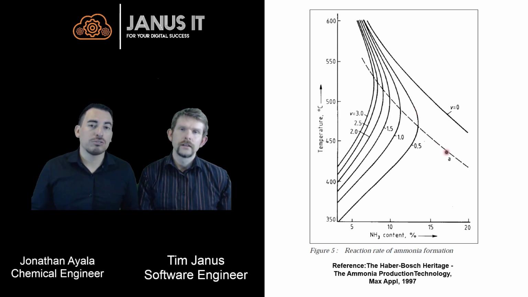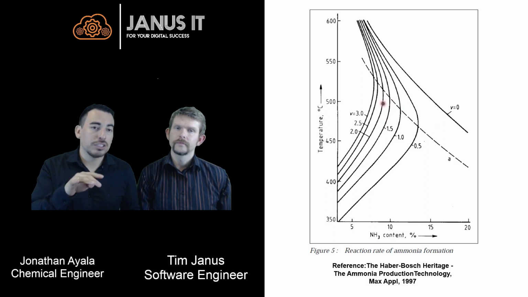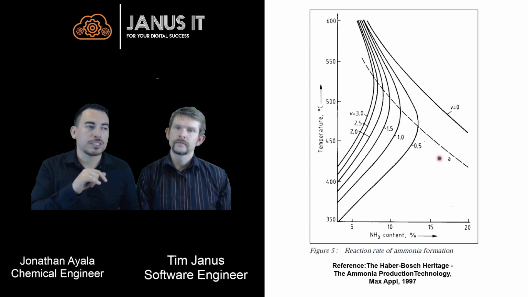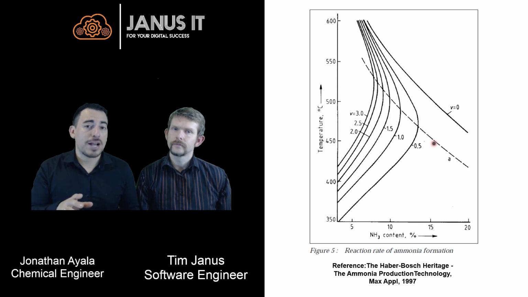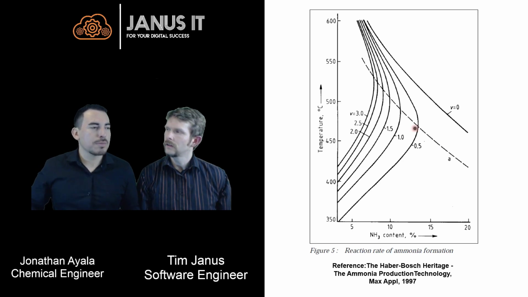In practice, we modulate the reactor's temperature profile to operate as close as possible to this A line that you said is optimal by managing the reaction conditions and the heat exchange. So we want to be about 30 to 50 Celsius below the equilibrium line. This is going to maximize the reaction rate without overshooting the equilibrium point, where the reaction rate would just drop down. Let me show you a schematic of a reactor.